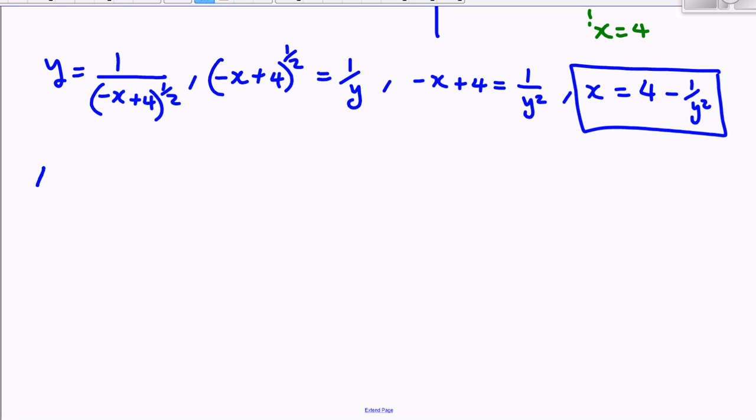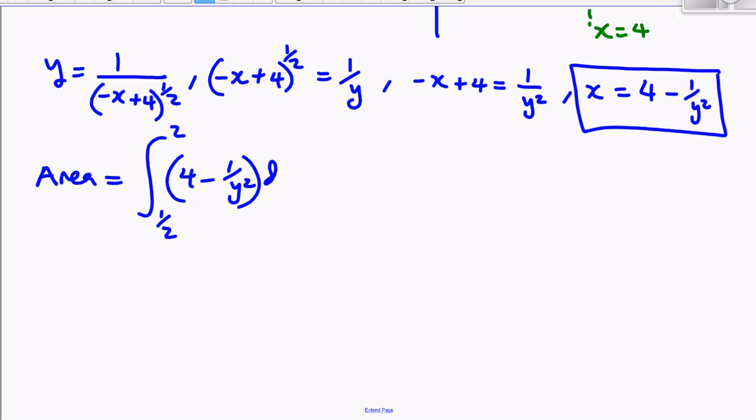So the required area will be the integral. The lower limit is a half, the upper limit is 2. The function is 4 minus 1 over y squared, with respect to y.